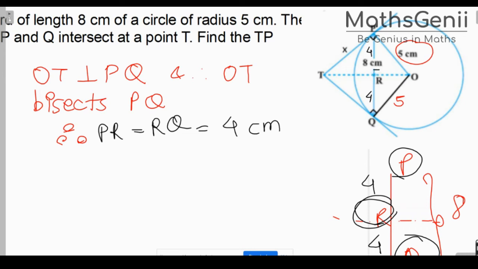So here also we can assume that it's 90 degrees. So consider this small triangle. This being 90, this is R, this is O, this is P, this is 4, this is 5, and this is I don't know.